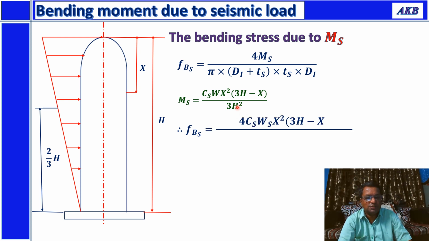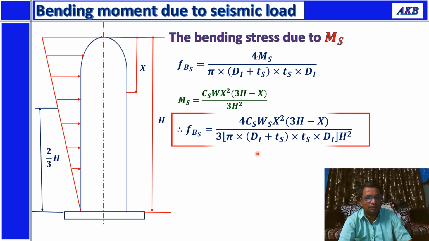If you use the equation for Ms over here, you can get this equation. Simply the equation for Ms is used over here. So ultimately you will get Fbs, that is the bending stress due to seismic forces, equal to 4 into Cs into W into x square into (3h minus x) divided by 3 into pi into (Di plus ts) into ts into h square.